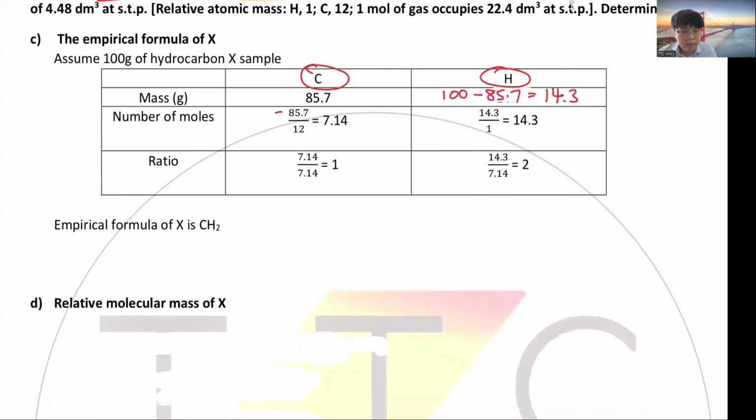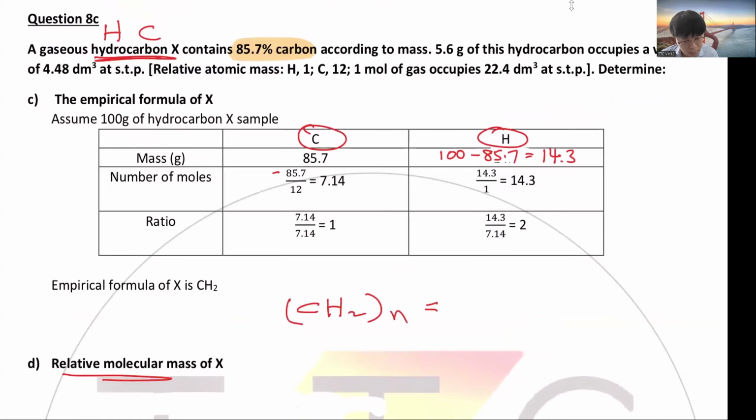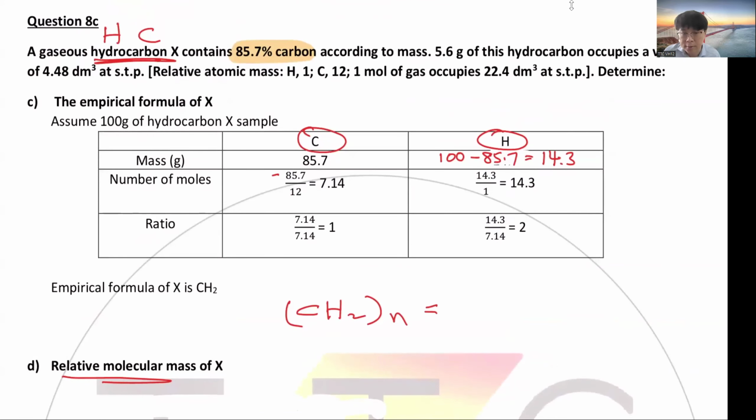Yeah. Now for this, just now you put CH2 bracket n equals to the relative formula mass, let's say 52, for example. For this question, it is the upgraded version. They don't give you the relative molecular mass. You have to find the mass yourself.